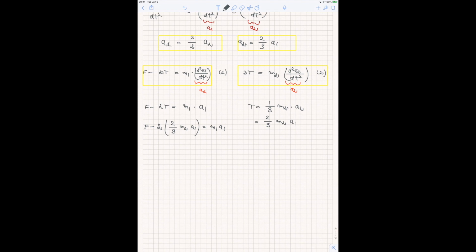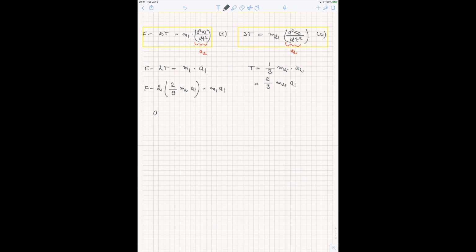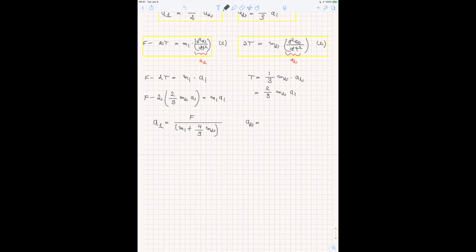We bring the second term on the left-hand side to the right-hand side, take a1 out and divide by the rest. So then we get a1 equals F divided by m1 plus 4/9 m2, and a2 is, as I said before, 2/3 a1, so there's not much to do.